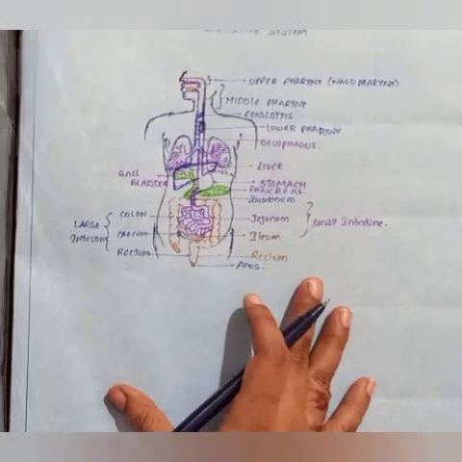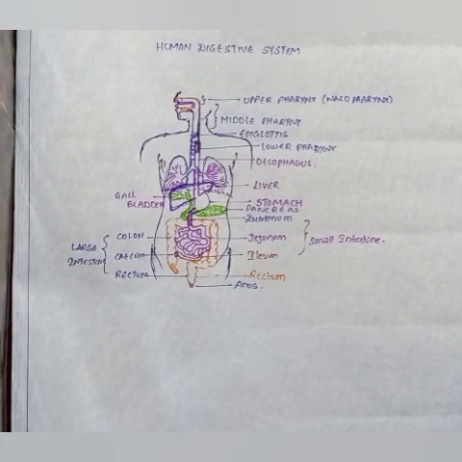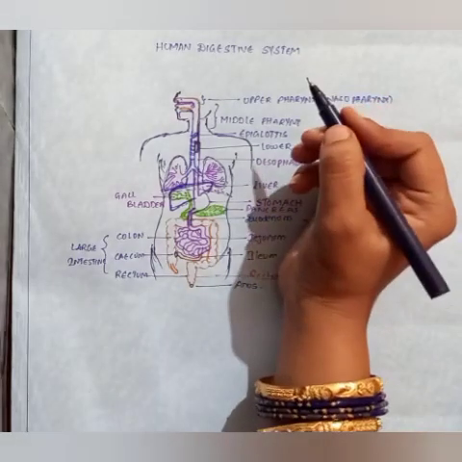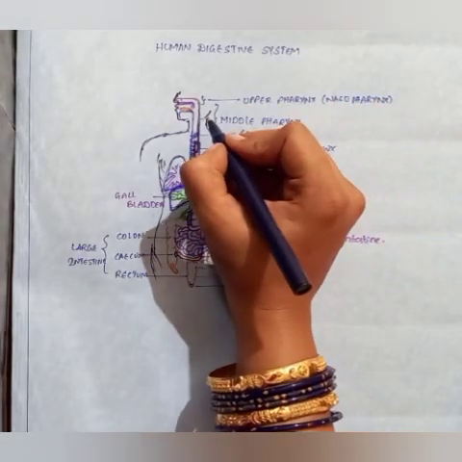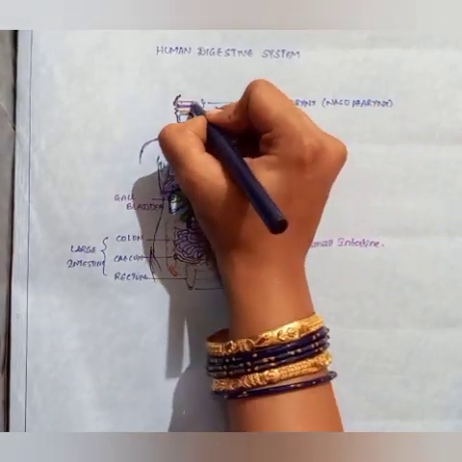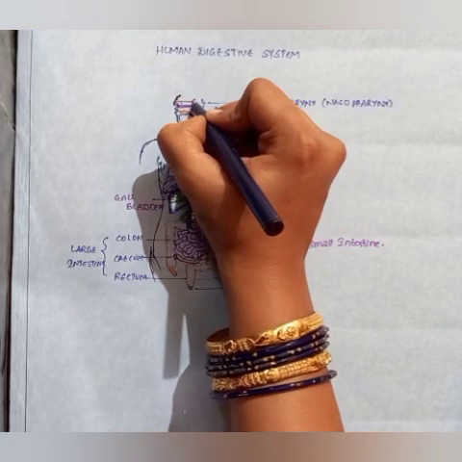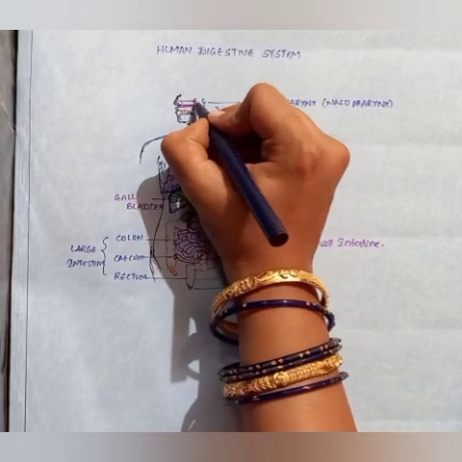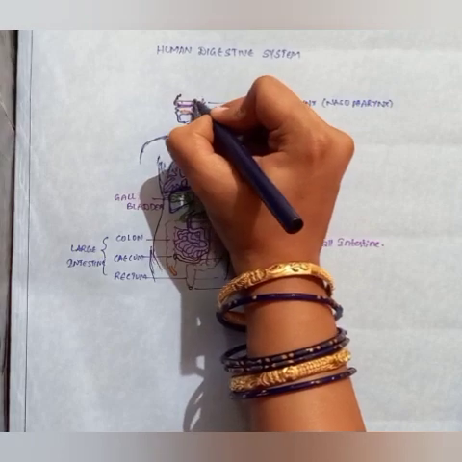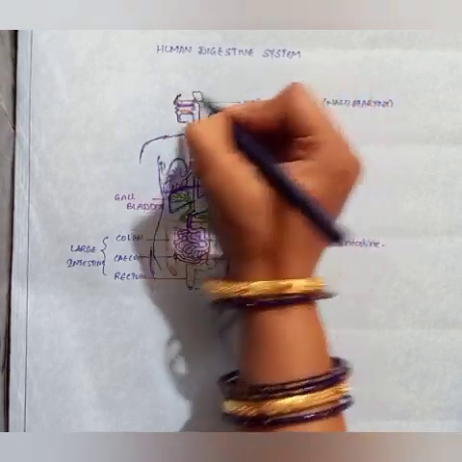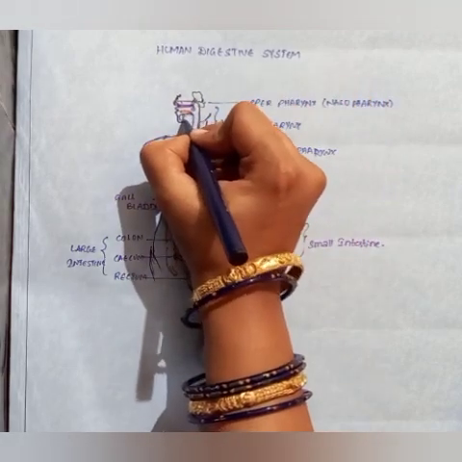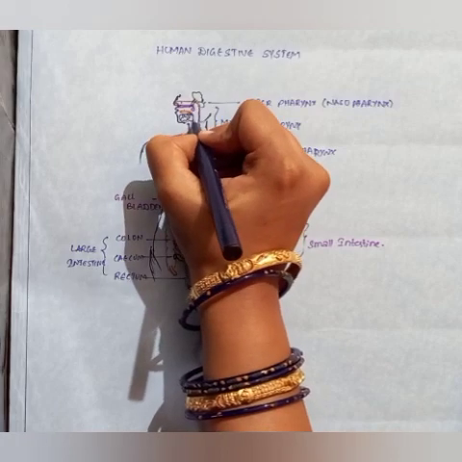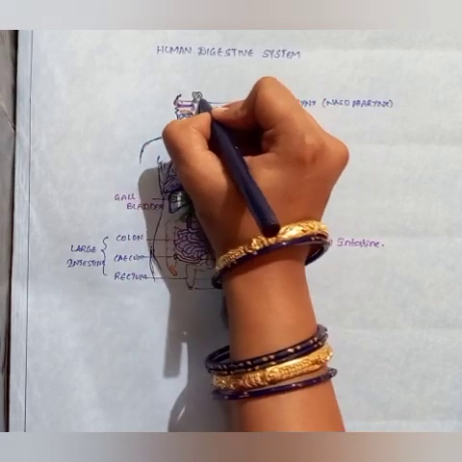And apart from liver and pancreas, we also have separate salivary glands here as well, from the bony palate. You'll have the salivary glands here, and then sublingual and submandibular salivary glands are also present, right?